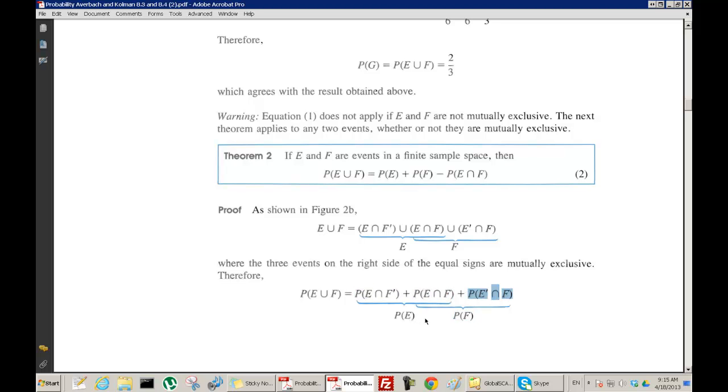But if I said it was P of E plus P of F, I'd be saying it's this plus this with this one again included. So I would have included this one twice. But that's not right because it's only there once. So how do we fix it? We subtract this out once. So we said it's P of E plus P of F, but when we do that we're counting this one twice. So we subtract it out once, then it's okay.